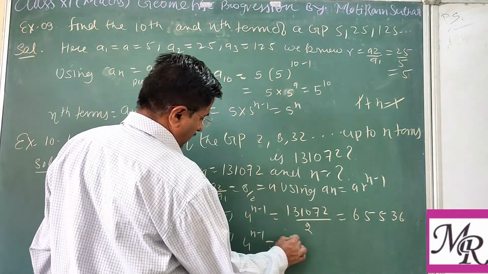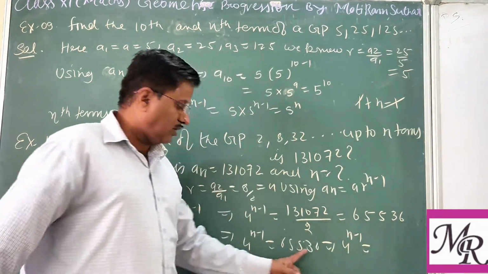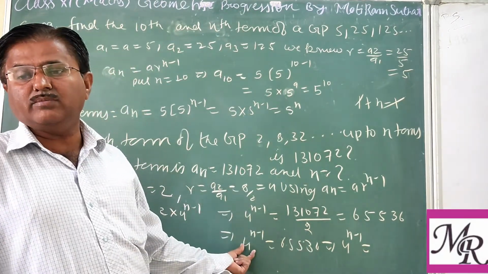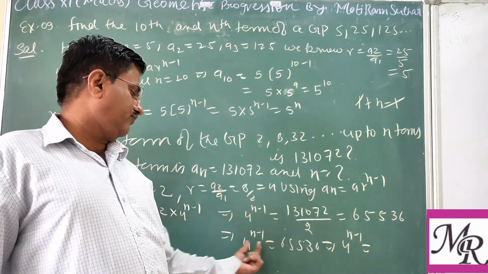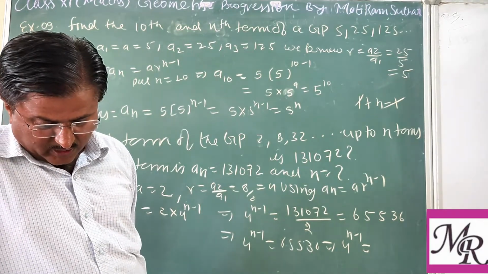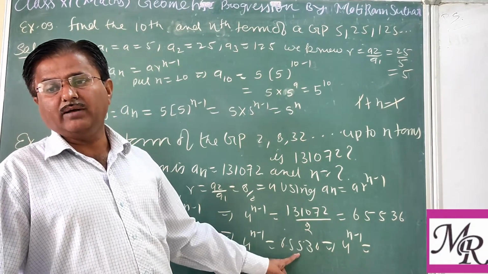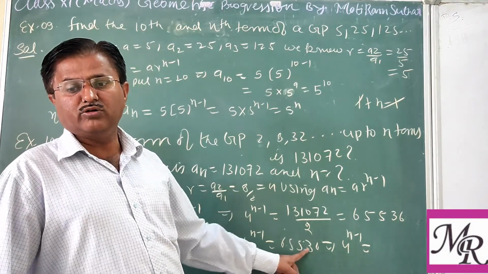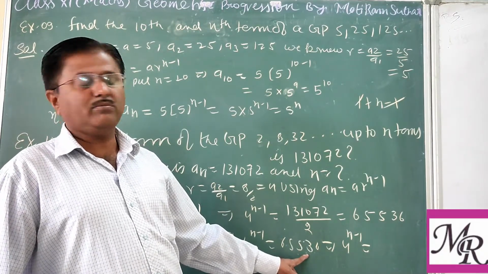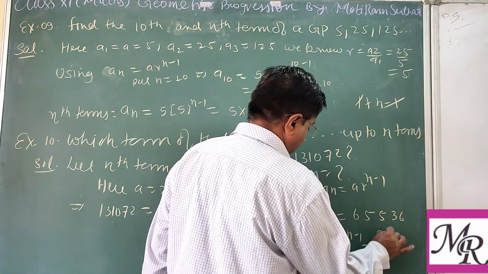Now to find the value of n, on the right hand side 65536, you have to factorize in terms of 4 because we need 4 power on both sides. If you make the factors, that will give you 4 power 8. If you divide this by 4, 8 times, 4 into 4 into 4 into 4 into 4, then, or you can separately find the factor. Why do we find the factor 4? Because on the left hand side there is 4. So you can write this as 4 power 8.